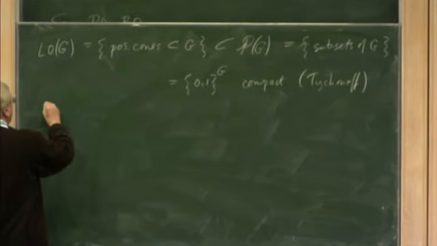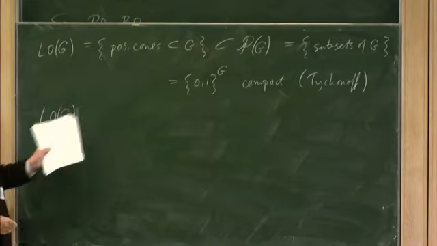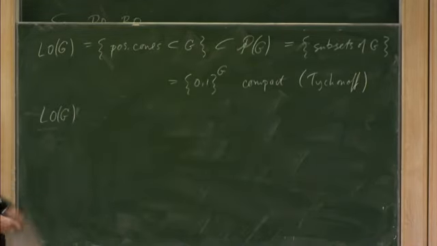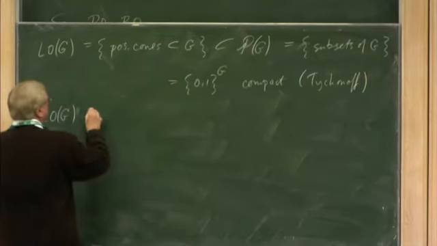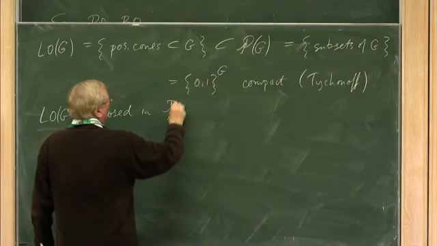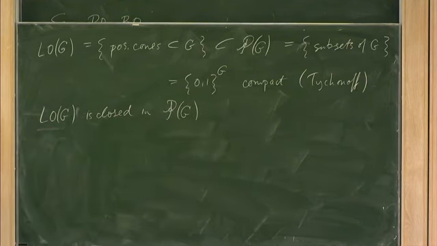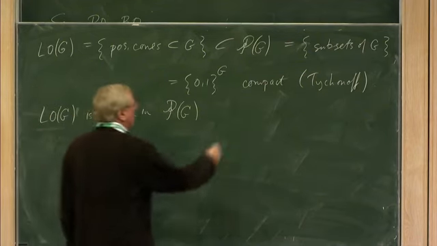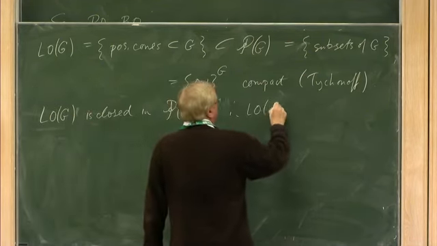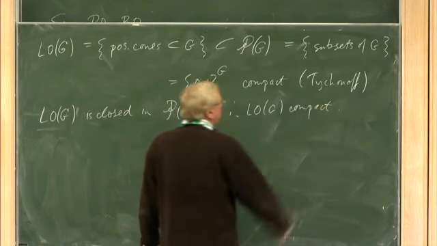Well, you can prove, in fact, this is one of your exercises, although it may not be that obvious, that the set of positive cones is actually a closed subset. And so therefore it's compact. So this is a key point.